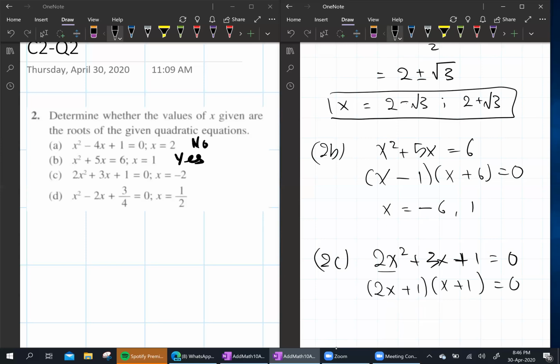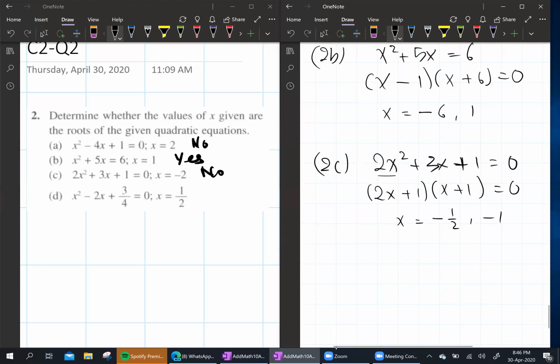So what is the value of x? x equals negative 1 over 2 and minus 1. Minus 1 is not an answer here, so this one is no. Number D.